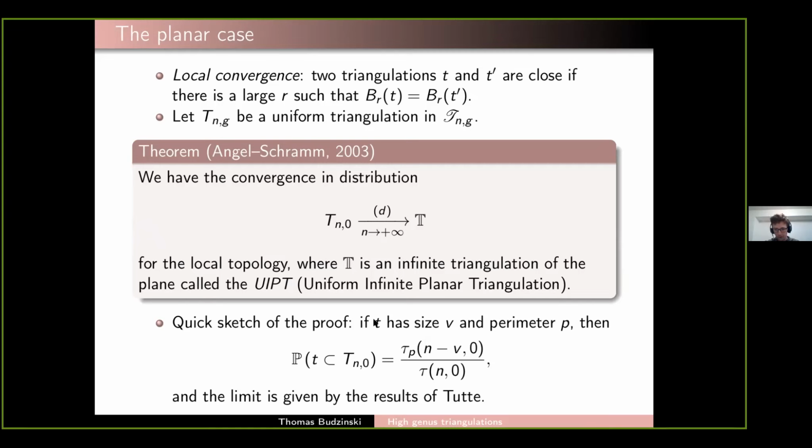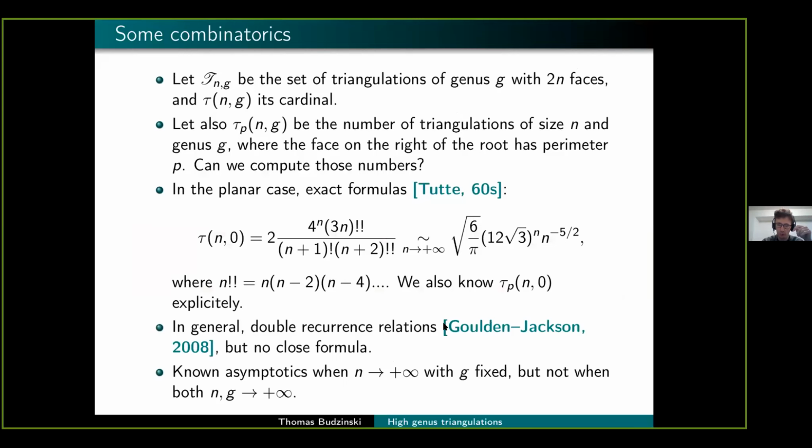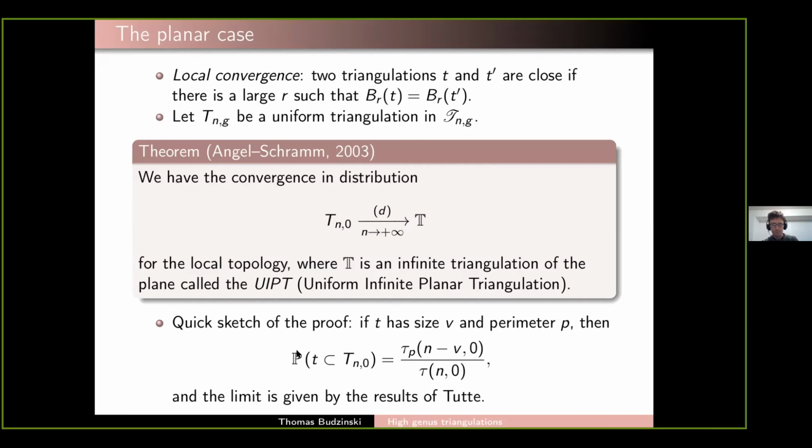If I take some finite triangulation T, so some finite piece T with, let's say, V faces in total and perimeter P, so a small triangulation with a boundary, I want to understand the probability that the neighborhood of the root is isomorphic to this little t. So I want to understand what the neighborhood of the root looks like.